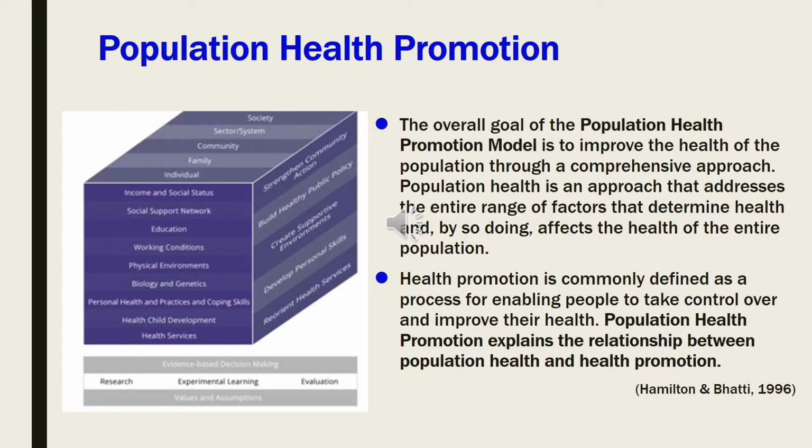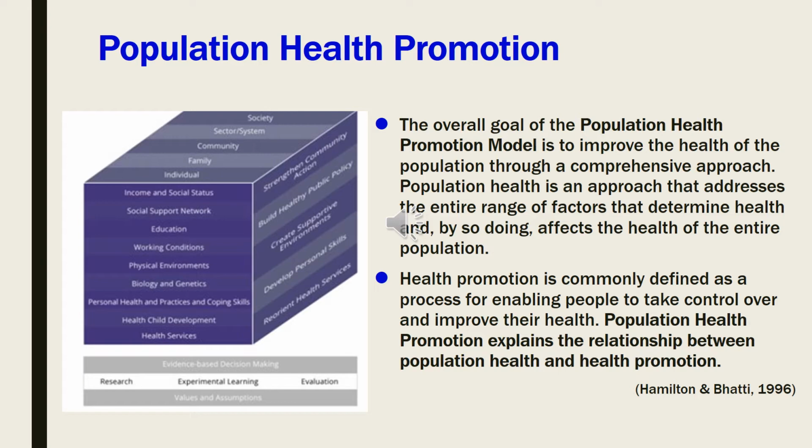The population health promotion model was developed in 1996 by Hamilton and Batty. The overall goal of the model is to improve the health of the population through a comprehensive approach. Population health is an approach that addresses the entire range of factors that determine health, and by doing so affects the health of an entire population.